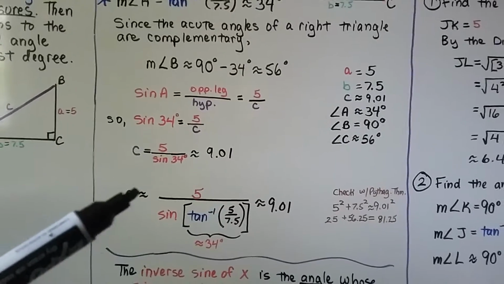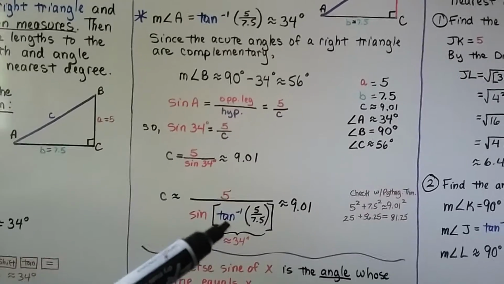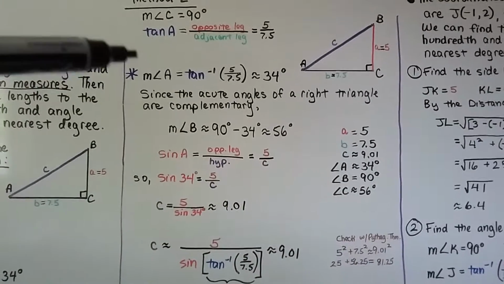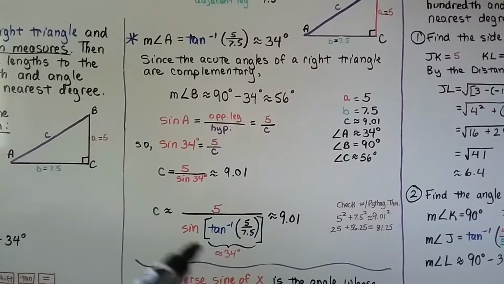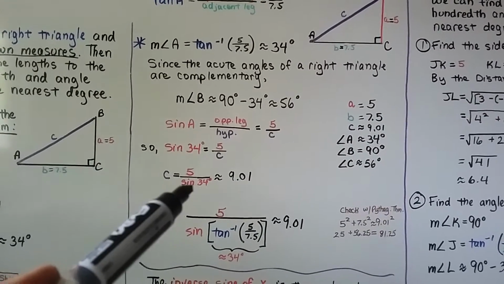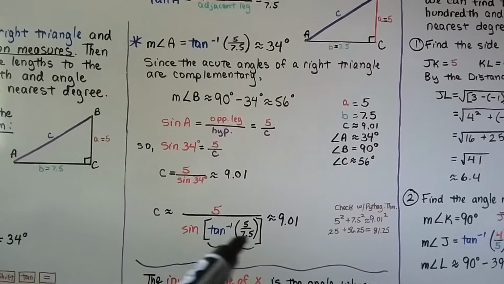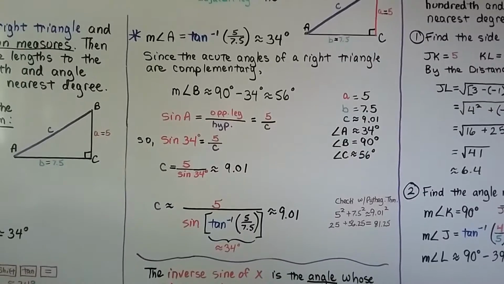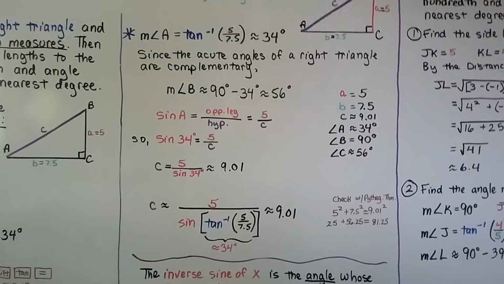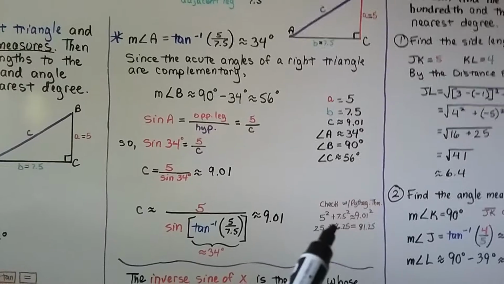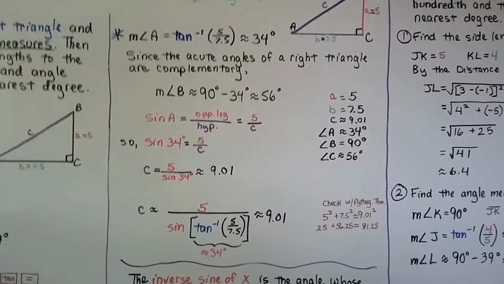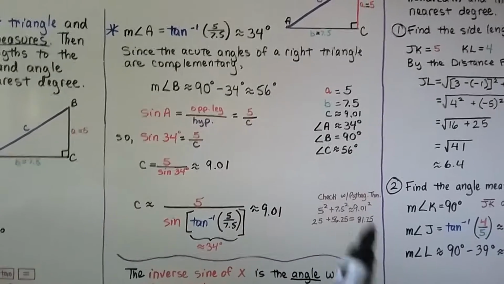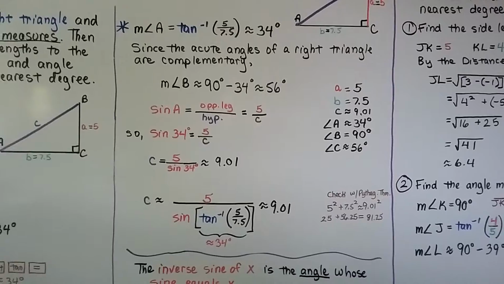So what happened here was, we know that the inverse tangent of 5 over 7.5 is the measure of angle A, that's 34 degrees. So when we had the sine of 34 degrees here as the denominator, that's it here, see? We've got 5 over the sine of 34 degrees. That's approximately 9.01. And if we wanted to, we could check our math with the Pythagorean theorem and see if 5 squared plus 7.5 squared is approximately 9.01 squared, okay?